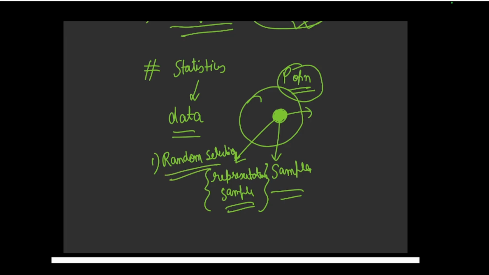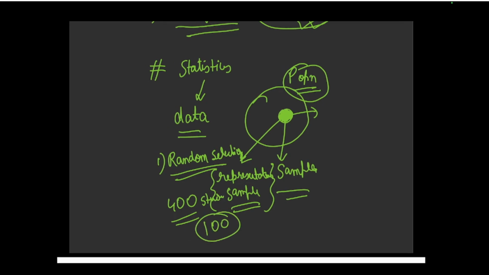For example, if we are predicting for 400 students, and we have a sample size of 100 students, like how many students are present in the class and how many are absent, then this 100 should be completely random.